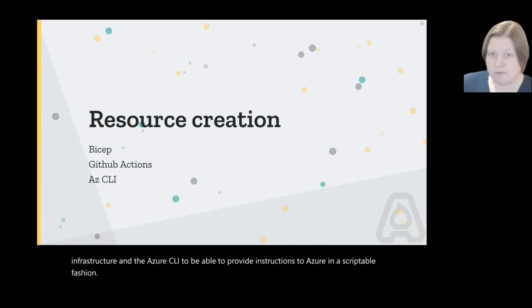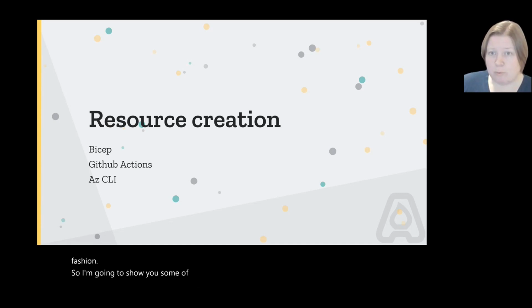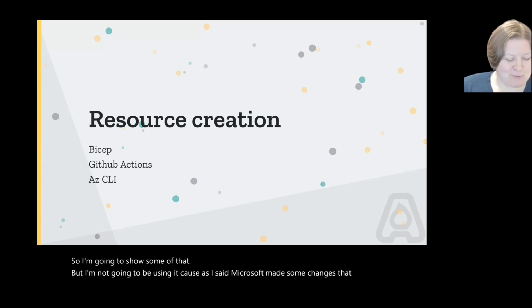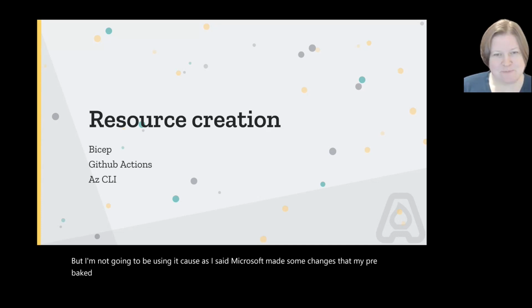So I'm going to show you some of that, but I'm not going to be using it because, as I said, Microsoft made some changes so my pre-baked one doesn't work today.